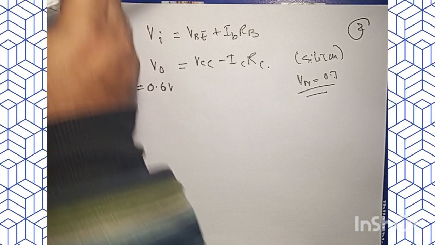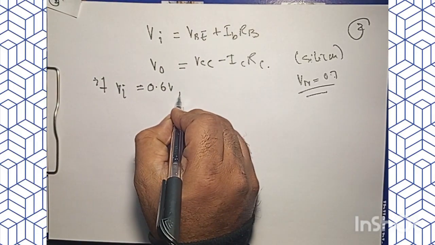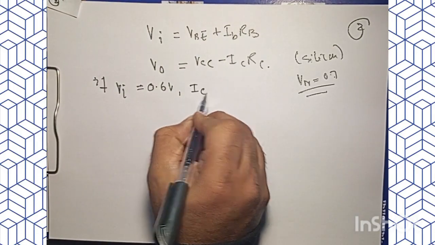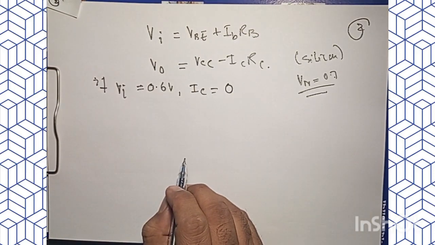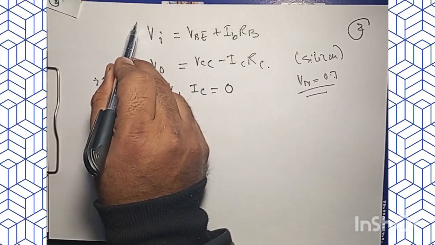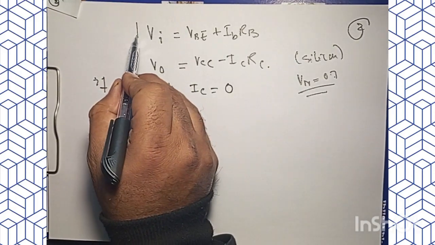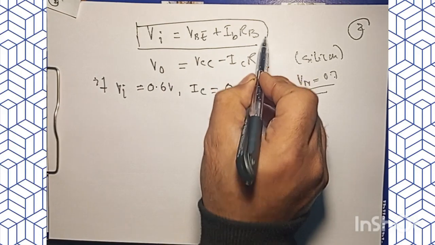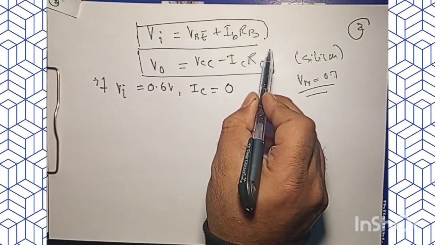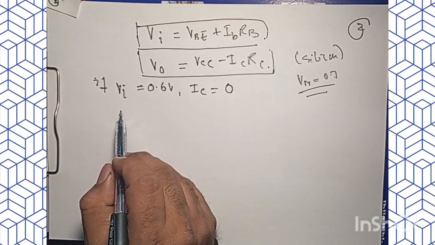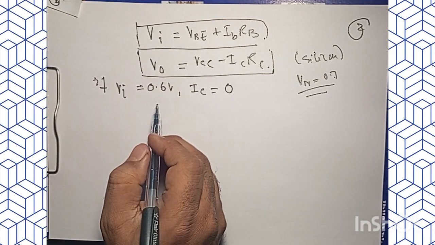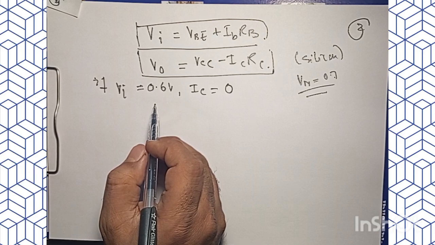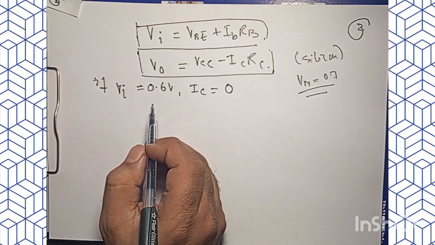That is, it will not conduct, and we will have IC equal to 0, right? So from these two equations, what we conclude is that if VI is less than 0.7 volts, we can think in terms of the cutoff region, right?